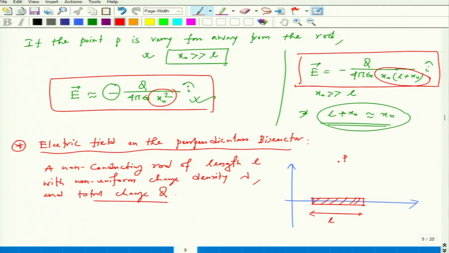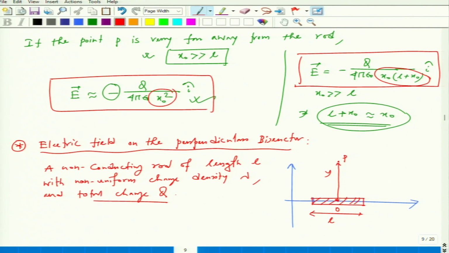Now we calculate the electric field at a point perpendicular to the axis of the rod. The distance is y from a point, let us say O. We denote this point O, and we have to calculate the electric field at point P.